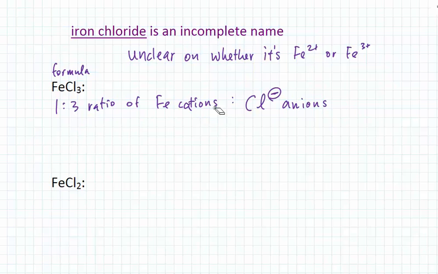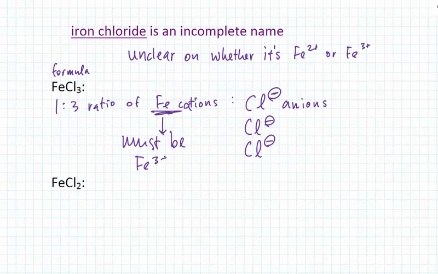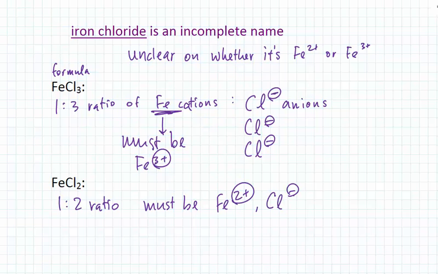So if we know we have a 1:3 ratio of iron to those Cl minuses, in other words, I have 3 of these Cl minuses for every 1 of those irons, that means this must be Fe3 plus. And likewise, this one with the 1:2 ratio must be Fe2 plus and Cl minus. You can tell from that.